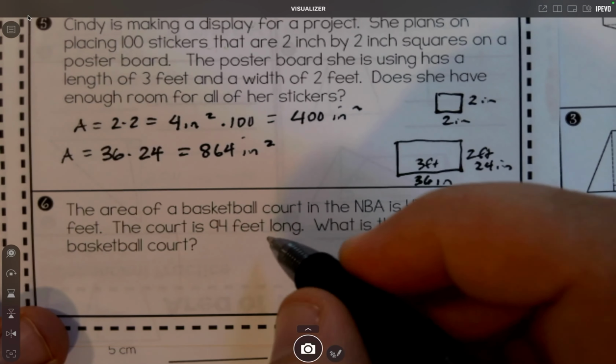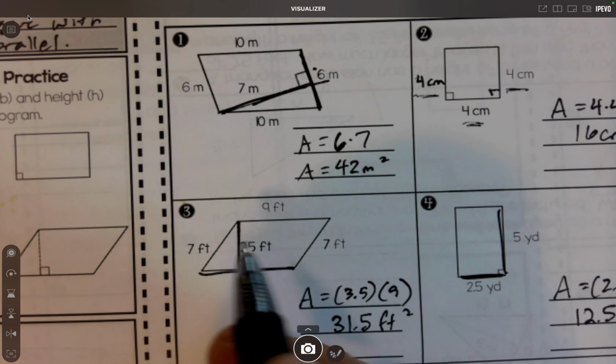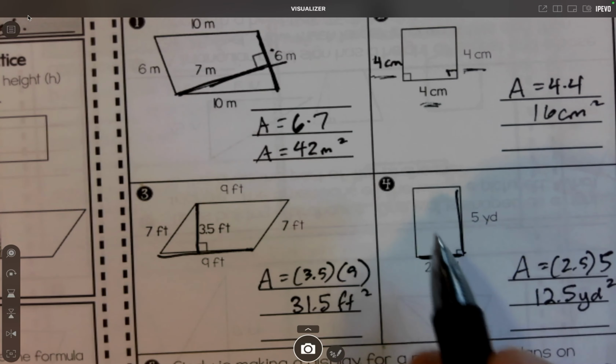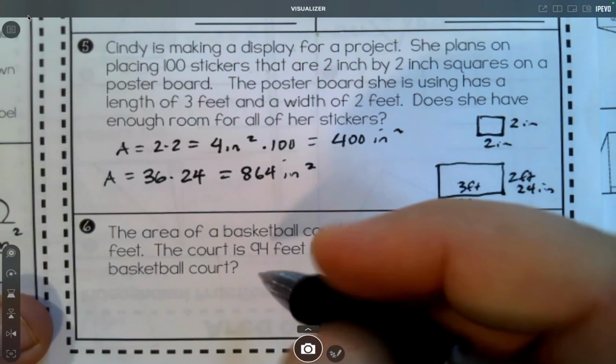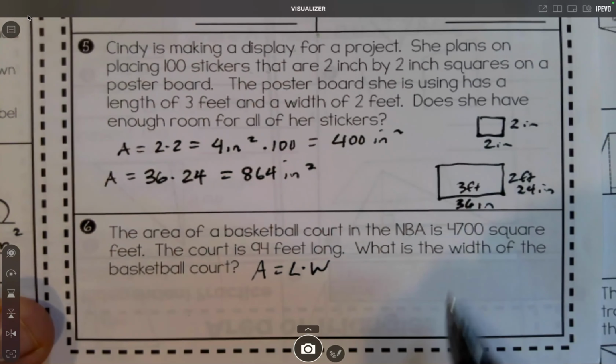It doesn't matter. Now, when a parallelogram is shaped like this, calling it base times height is significant. But when you have a square or a rectangle, length and width, base and height, they can really be interchangeable. So we'll just use area equals length times width, since they called it width and length.